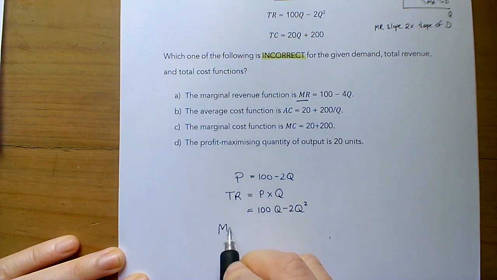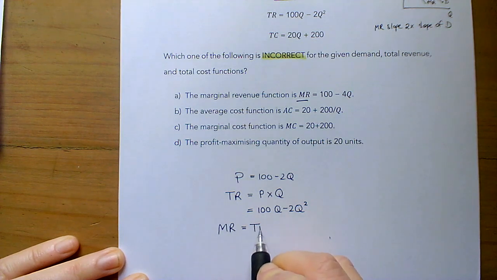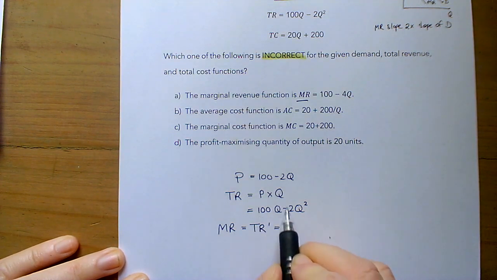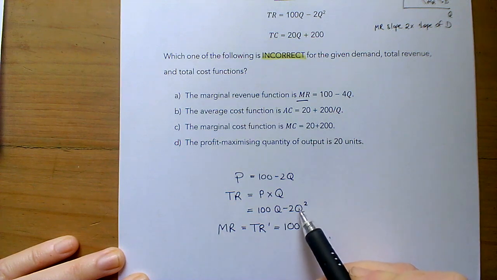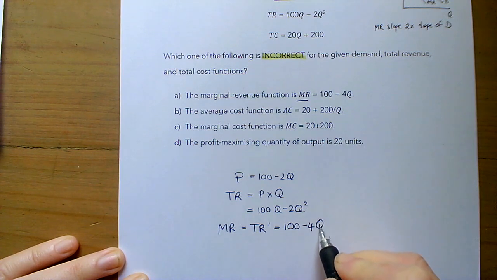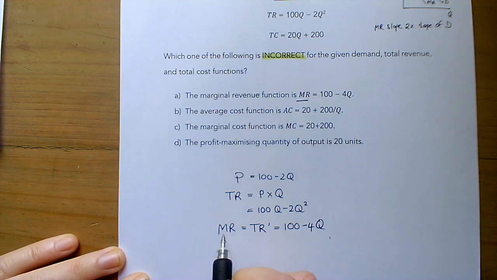Then I can recognize that my marginal revenue is the first derivative of my total revenue. Taking the first derivative of 100Q with respect to Q gives me 100. The first derivative of minus 2Q squared with respect to Q is minus 4Q. So this is my marginal revenue function.